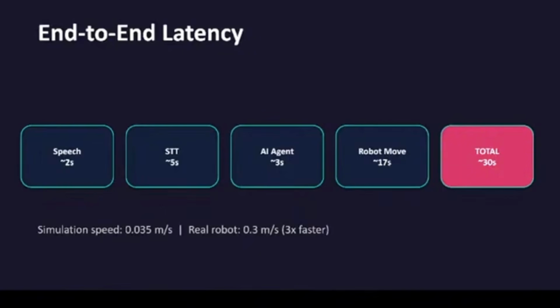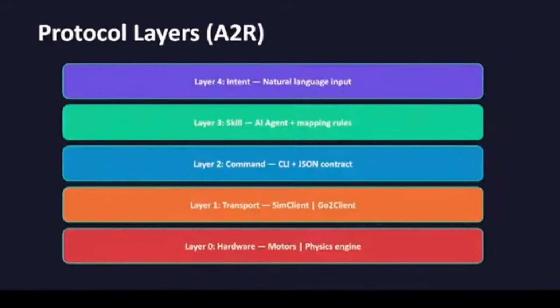And so let me share the overall protocol with you. First of all, it's fully about your language input. This language input will be passed as text to a skill for the AI agent.